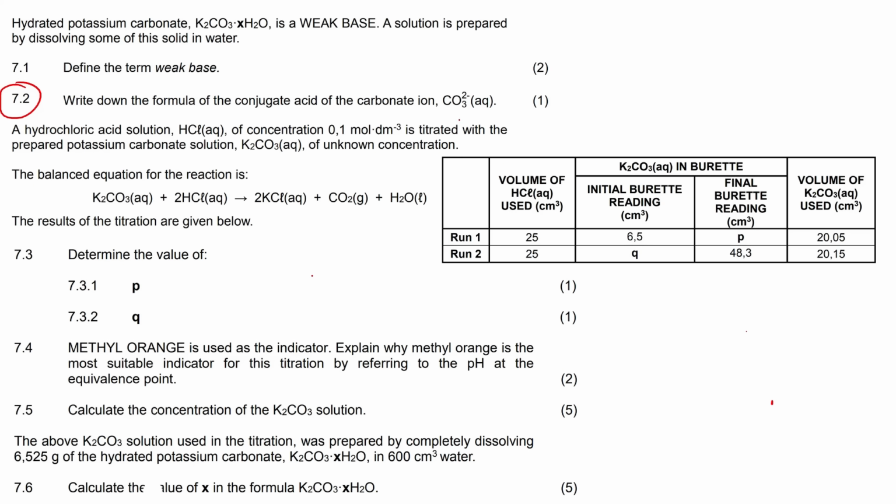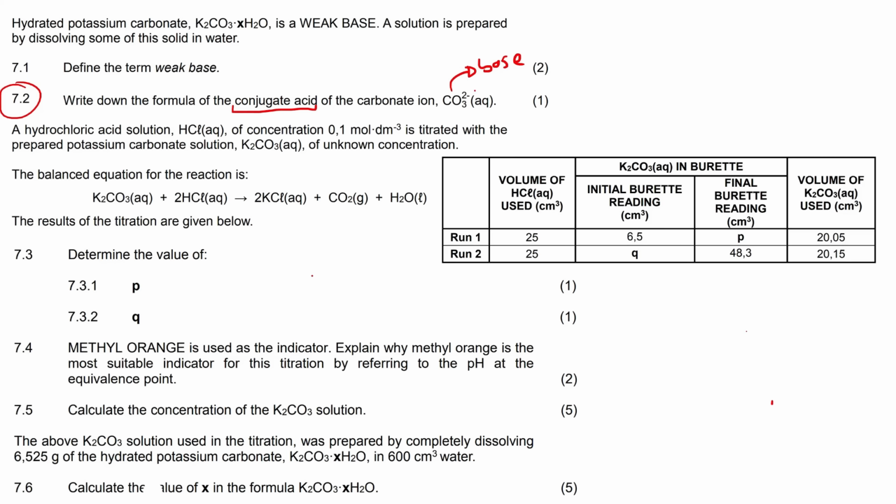So if they want to know what is the conjugate acid of this, then that means this thing must be a base. So what we'll do, if this thing is a base, it means that it likes to accept hydrogens.